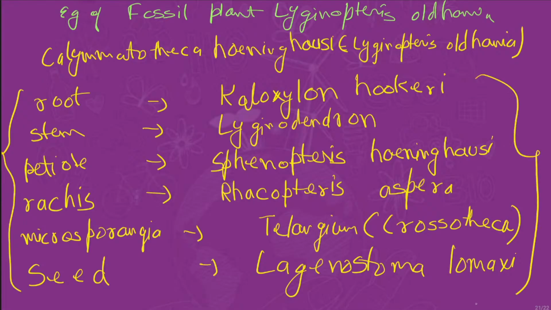Root, stem, petiole, when they did not know the root and stem of these are of Lyginopteris, and after that it is named as Lyginopteris oldhamia. This is of the same plant.